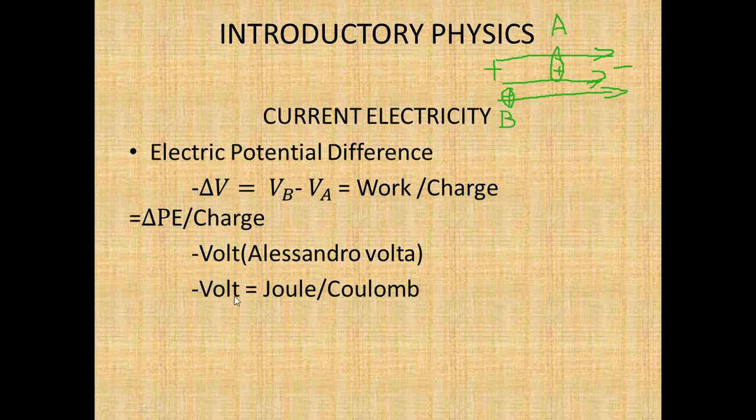So a volt is equal to the change in potential energy per unit charge. Energy is in joules, charge is in coulombs. So the metric unit of the volt is joules per coulomb.